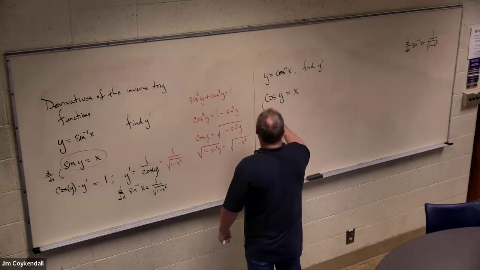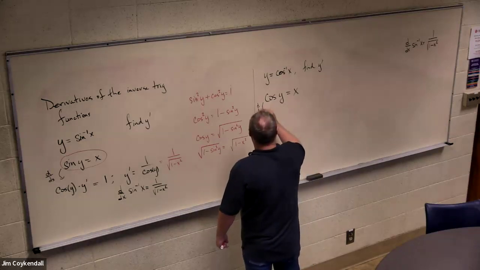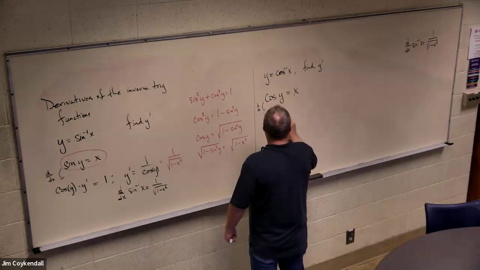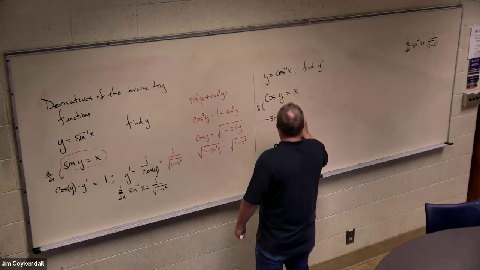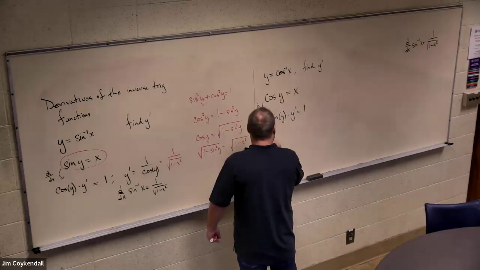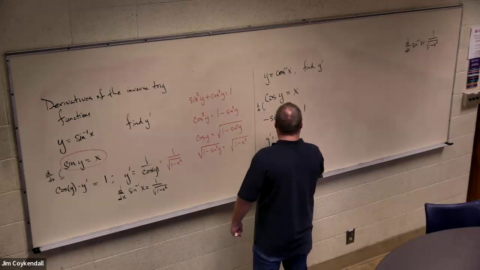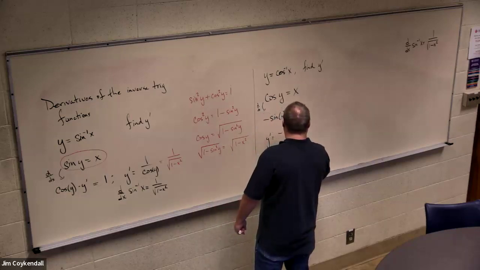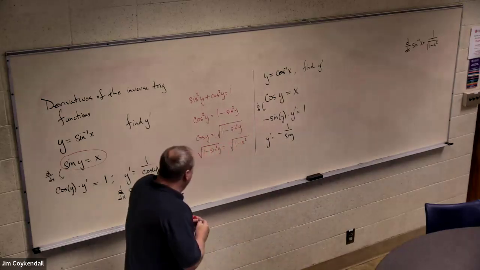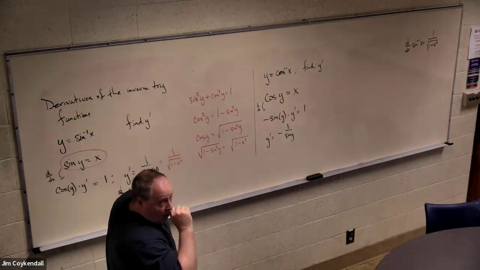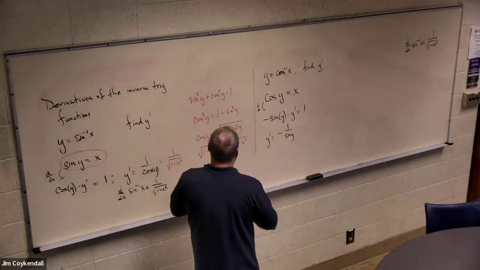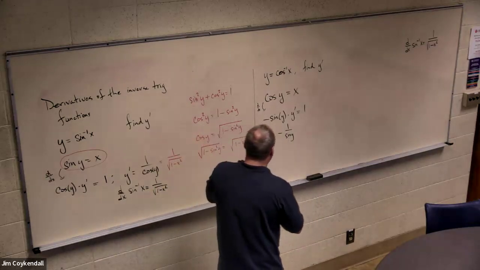So if I take the derivative of this, the derivative of cosine is negative sine y, times y prime, equals 1. So I get y prime is minus 1 over sine y. Now notice this equation is kind of symmetric.